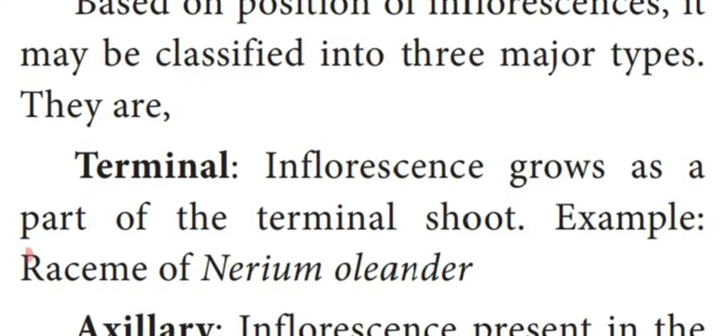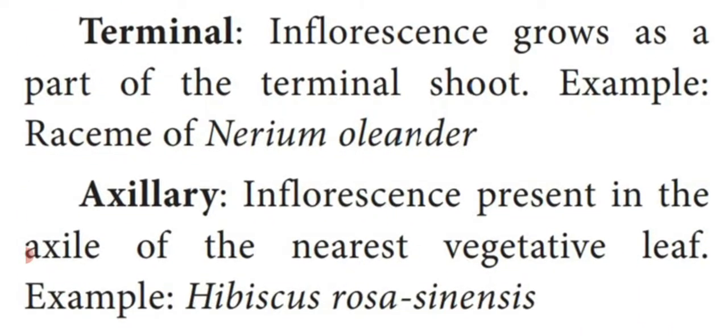First one is the terminal inflorescence. Terminal inflorescence means the group of flowers which are produced from the terminal shoot apex, that means the tip of the shoot apex, that is known as terminal inflorescence. Example, Nerium oleander. In Tamil it is known as Aralichedi.